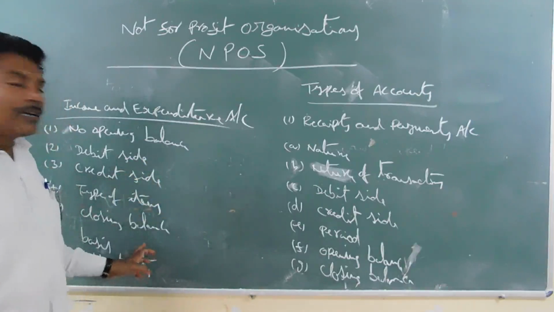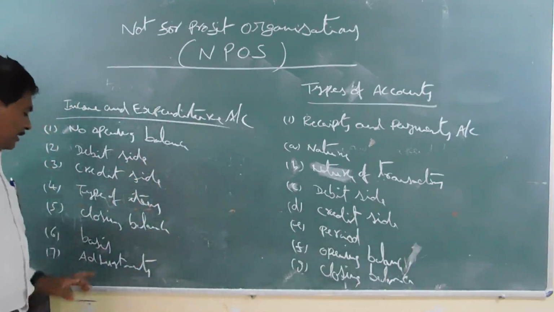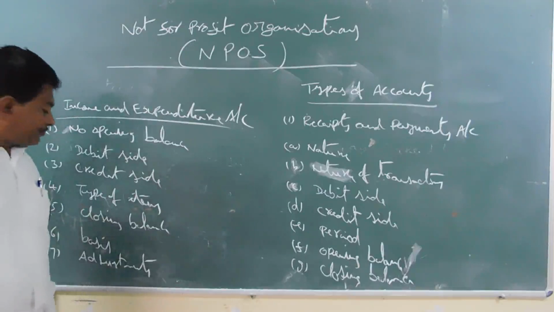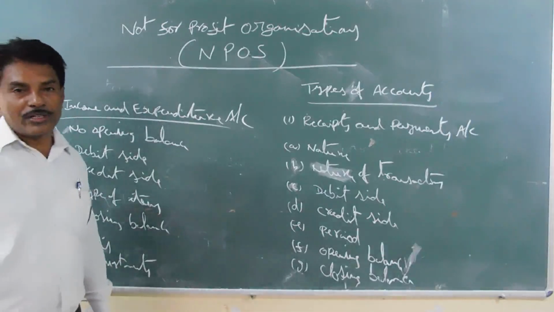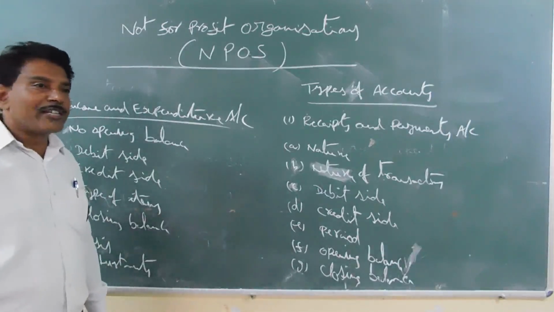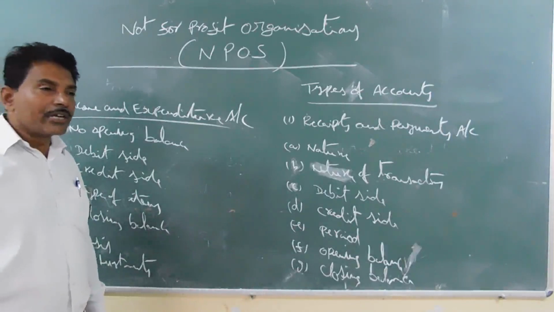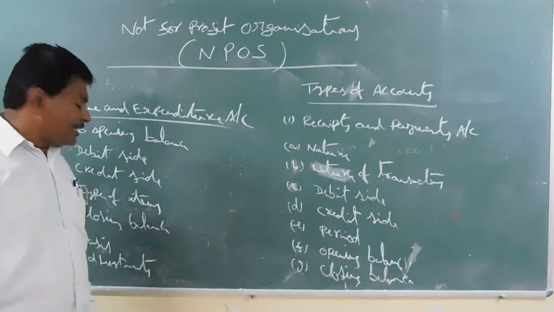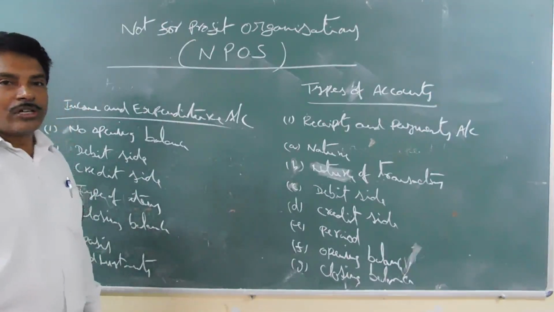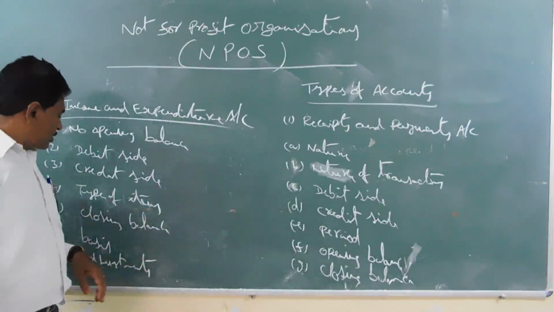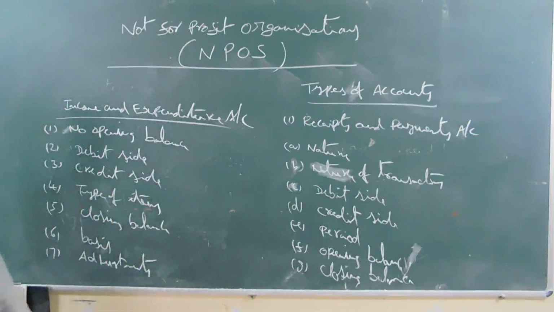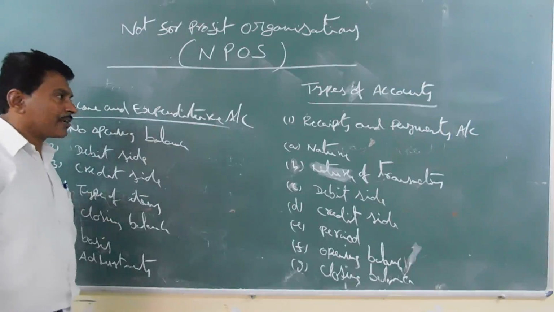So that is why it follows accrual basis. Next one, adjustments. It takes adjustments also. So non-cash items like depreciation, accrued incomes, such type of adjustments are also taken into this account. So these are some of the features of income and expenditure account.